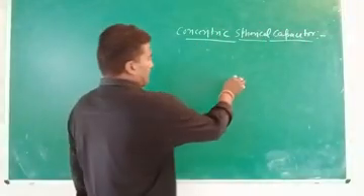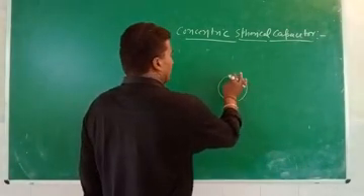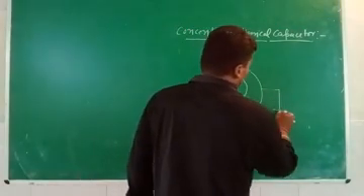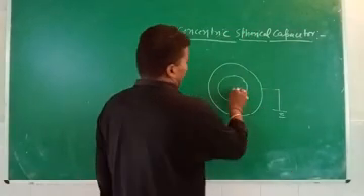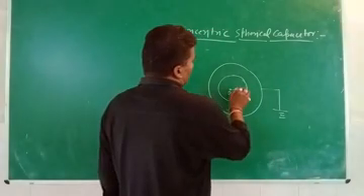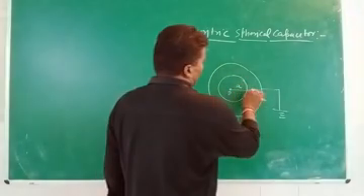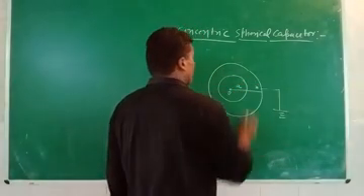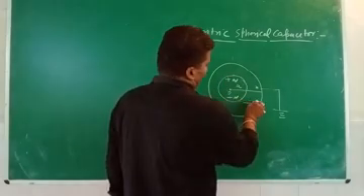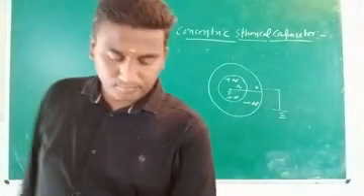When two capacitors are connected with the same center, that is known as the concentric spherical capacitor. Let us consider the center of both capacitors is O and the radii are A and B. The charge on A is plus Q and the charge on B is minus Q.